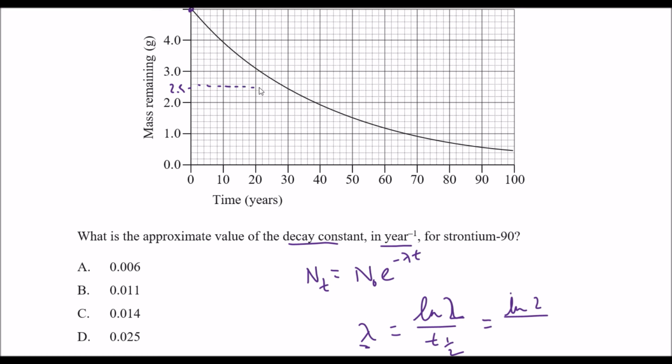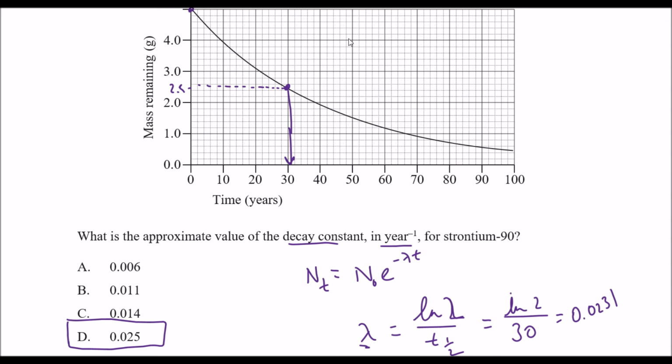If I read this across, you can see it is the value of 30 here. So plug 30 years in. The value that I get in my calculator is 0.0231. So that's approximately closest to D. And that's how you do that question.